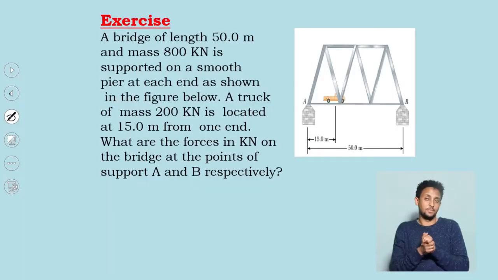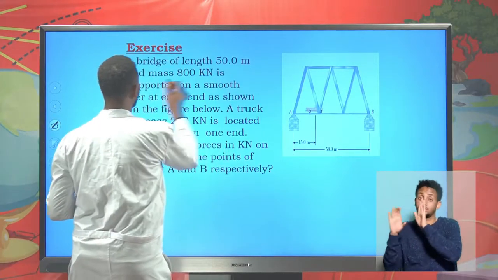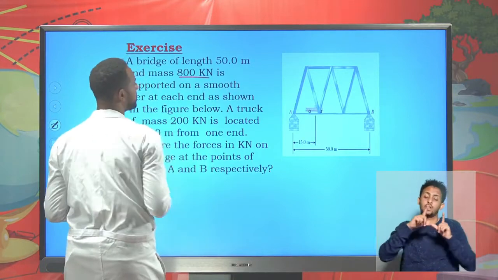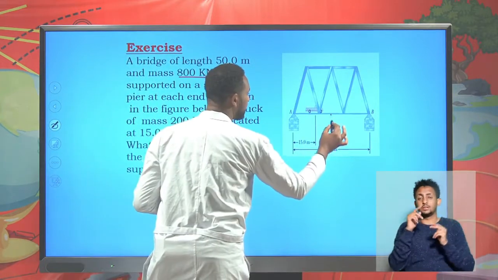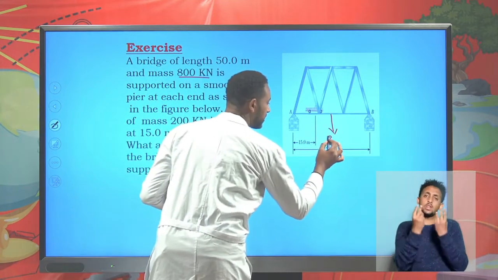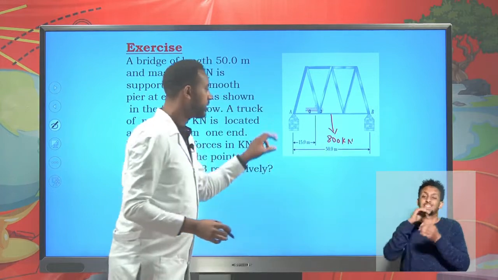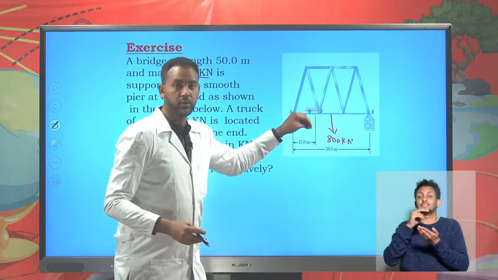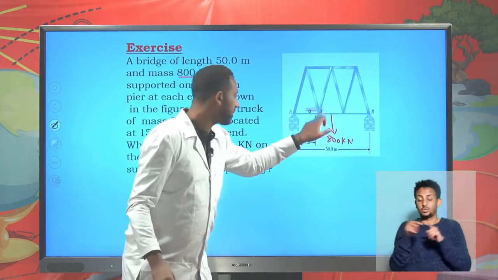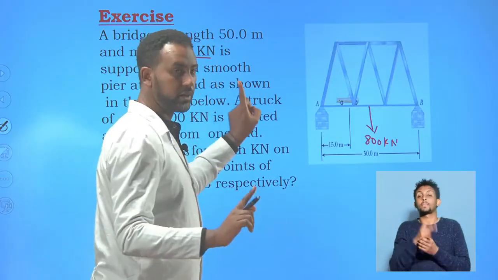Now here is one example. It says there is a bridge, okay, and that bridge is 50 meter long, and the weight of the bridge is found to be 800 kilonewton, and it acts at its geometric center. The net weight of a given body is at its center, and there are two supports here.